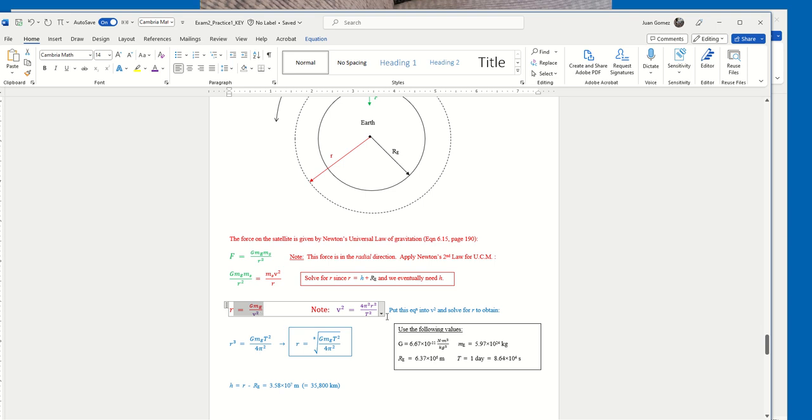What do you do with that? Replace v squared with 4 pi squared r squared over T squared. Then you should end up with r cubed equal to this, which means r is simply the cube root. Plug in the numbers, get a value for r. Then how do you get h? h is just little r minus the radius of the Earth. And you should get it.